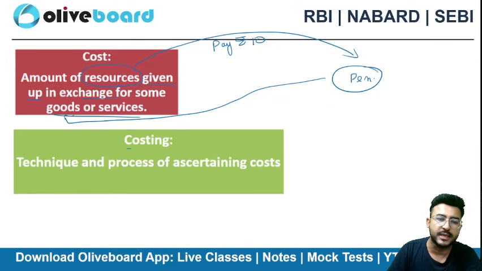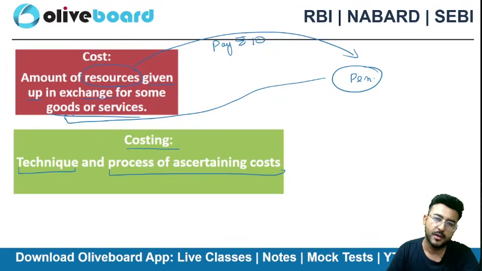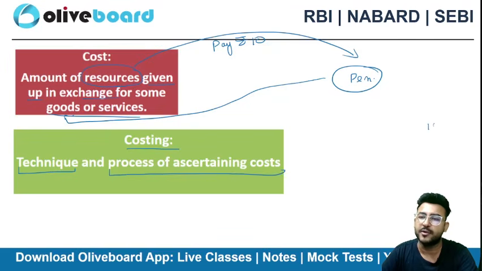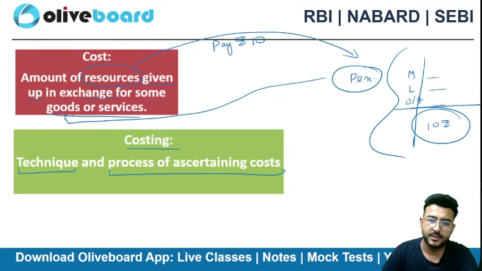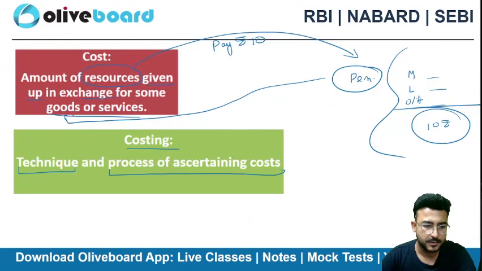Whereas costing is a technique, a process of ascertaining the cost. How did we arrive at the 10 rupee price? I need to add material, labor, and other expenses. In that manner, I have to arrive at the cost. This process is called costing.